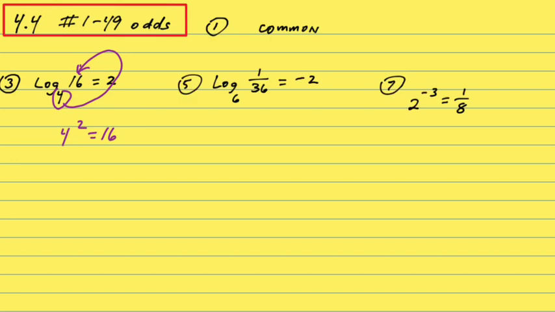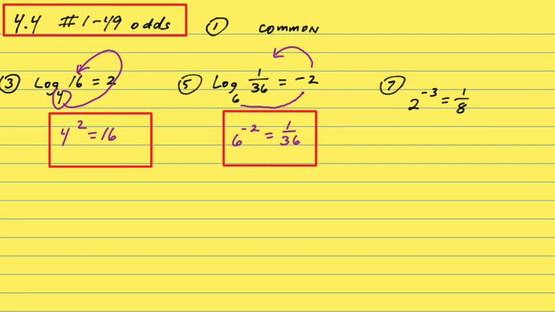Okay, let's see if we can do this again. Take the fish hook. You're going to do 6 raised to the negative 2 equals 1 over 36. Number 7, you go in the other direction. You have it exponentially, you want to write it with a log, and the base stays the base.